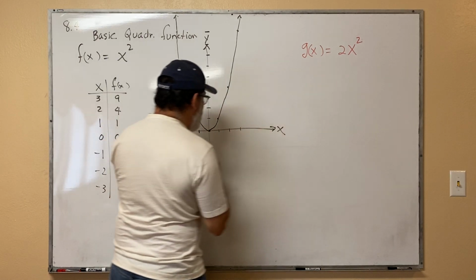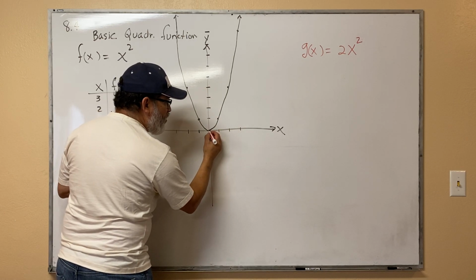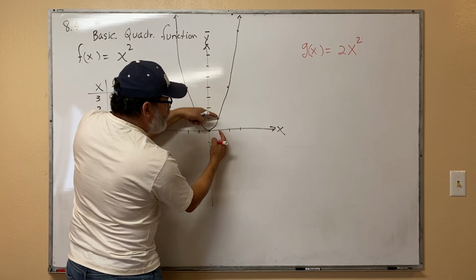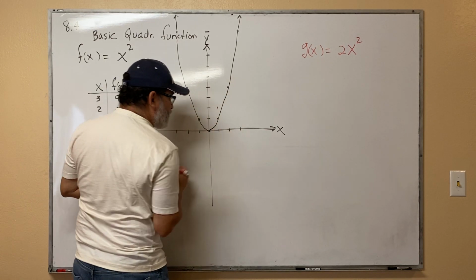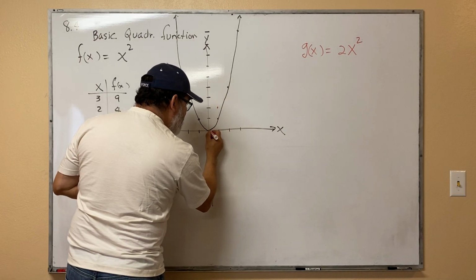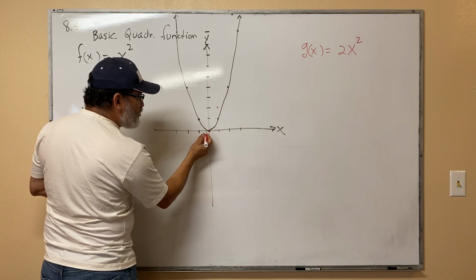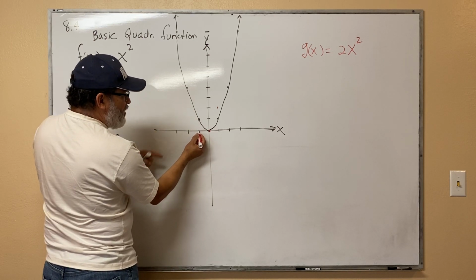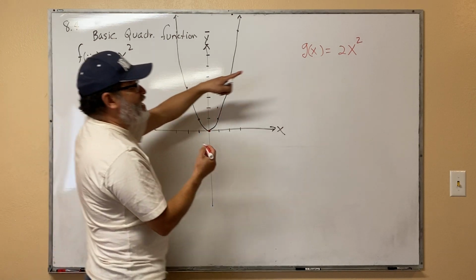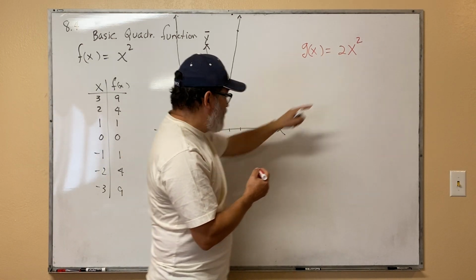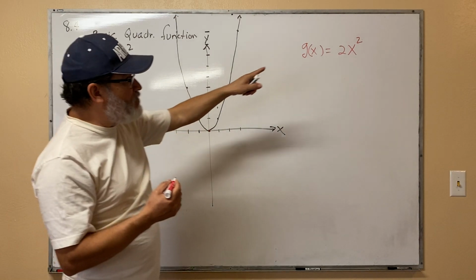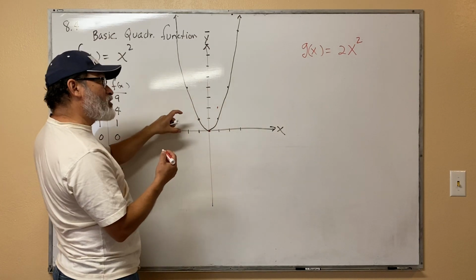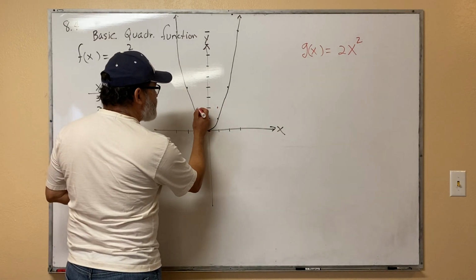So from the vertex, once to your right, take that 1, multiply times 2. What's 1 times 2? 2. The vertex is the same. Once to your left, take the basic parabola's 1, multiply times 2. 1 times 2 is 2.